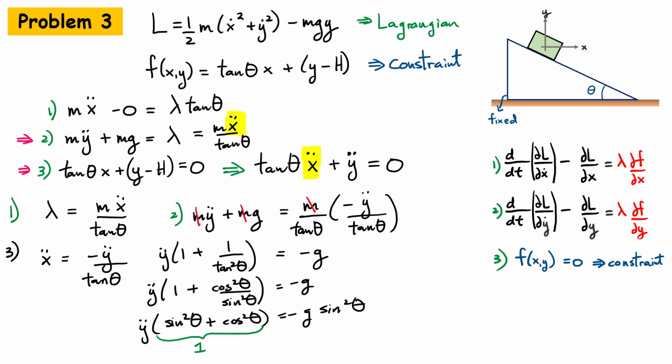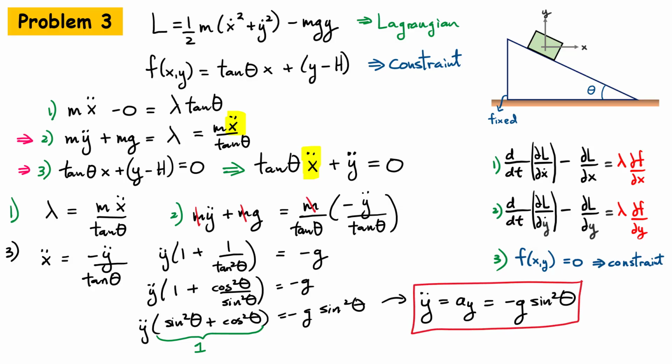That's simply equal to 1. And lo and behold, look what I have. My final expression for y double dot, which is the acceleration in the vertical direction, is equal to minus little g sine squared of theta. This is the exact same result we had in the second approach that we used. All right, let's go to the other page and continue the problem.